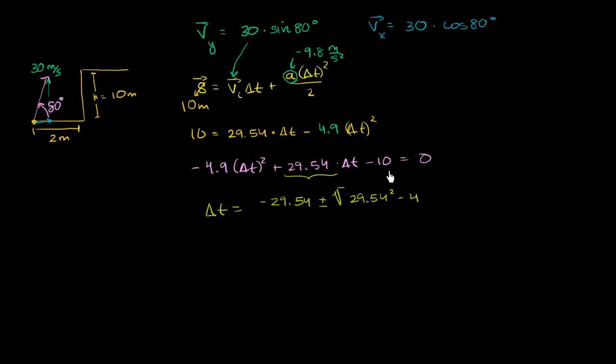So just a times c, negative 4.9 times negative 10. All of that over 2a, so negative 4.9 times 2, negative 9.8.